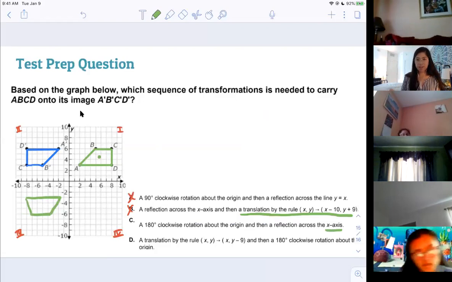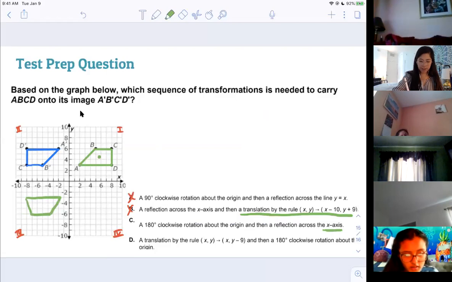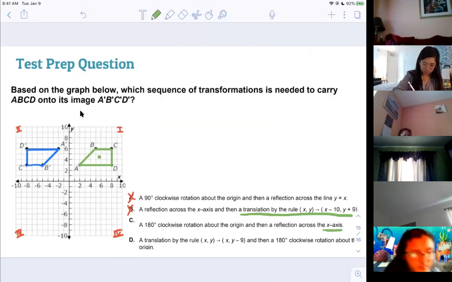Reflection across the x-axis? I think it will. You think it might? Let me draw a slightly better sketch of it so you can visualize it for sure. For a reflection, wouldn't it flip or something like that?